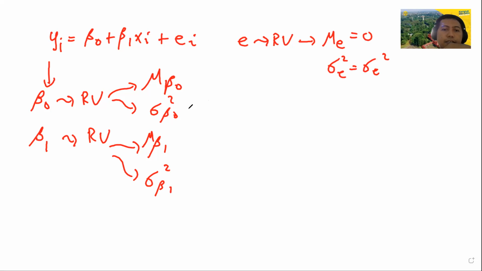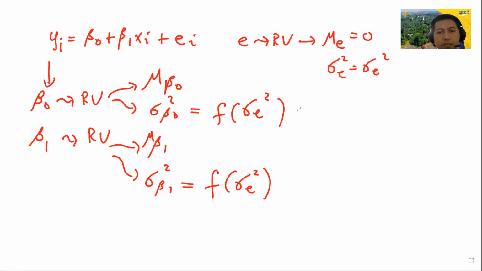And the variance of B1 is a function of the variance of error. This is also a function of the variance of error.